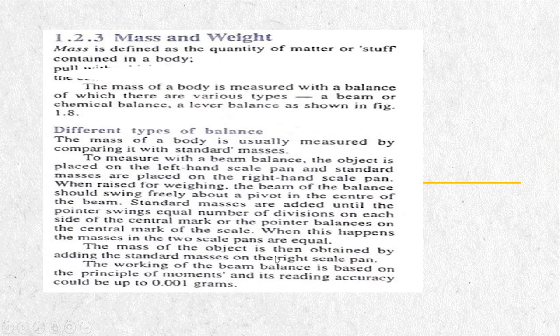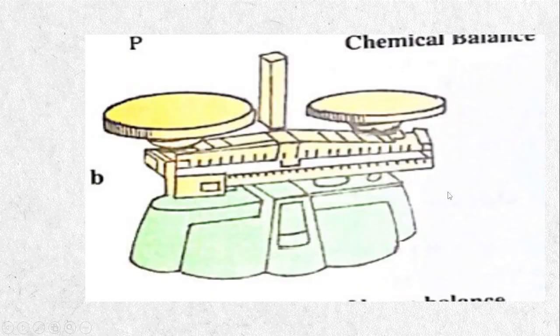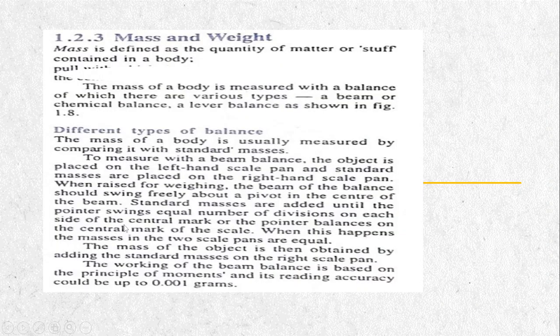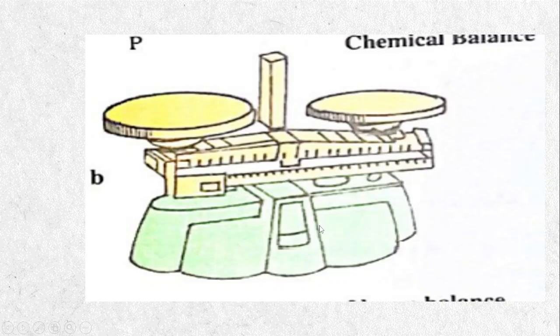When this happens, the masses in the two scale pans are equal. So standard masses are added continuously until the pointer swings an equal number of divisions on each side of the central mark, or the pointer balances on the central mark of the scale. Then the masses are equal.